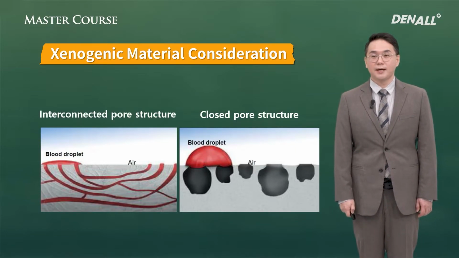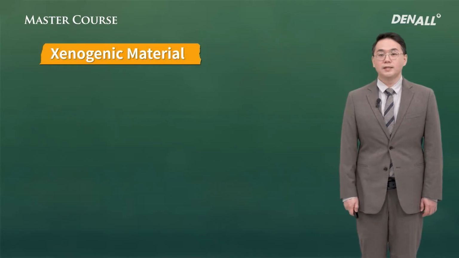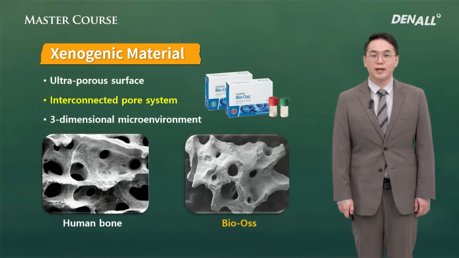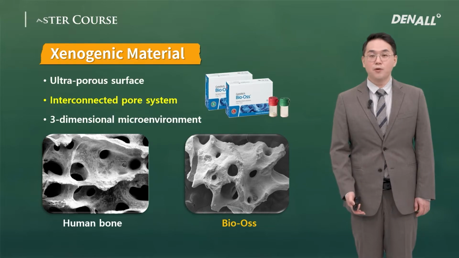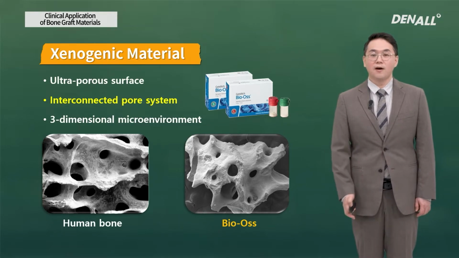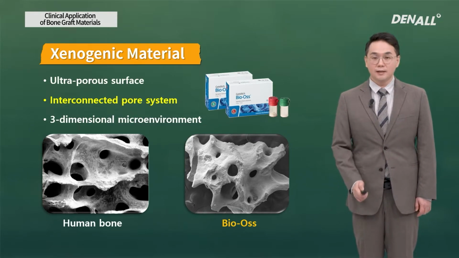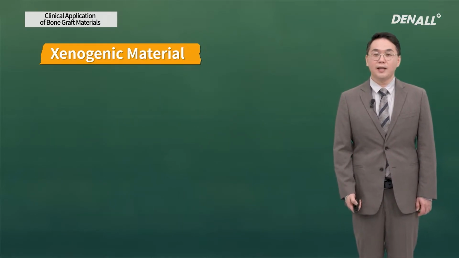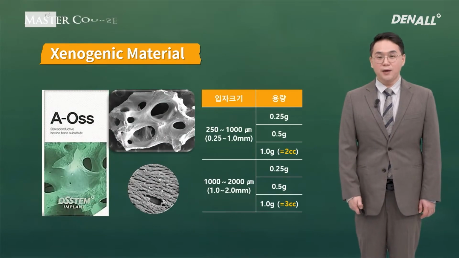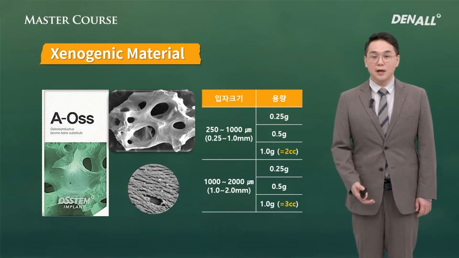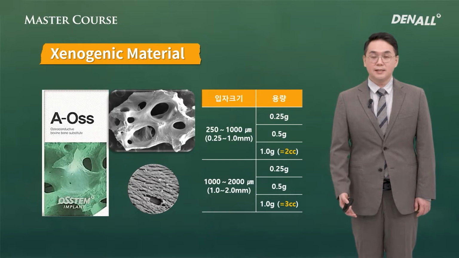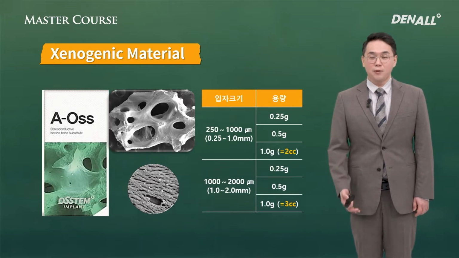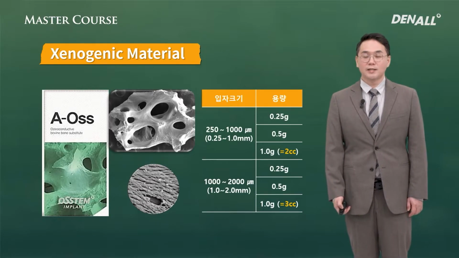So the representative low temperature treated bone graft material is bios. Cow's femoral cancellous bone is treated at low temperature, which has very similar cancellous bone as human. OSSTEM's AOS is very similar to that. Bone graft material based on bovine bone. Like BIOS, it is treated at low temperature.